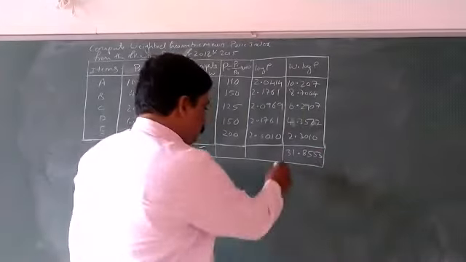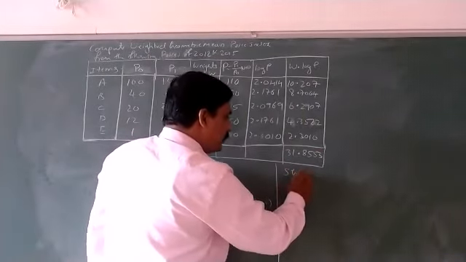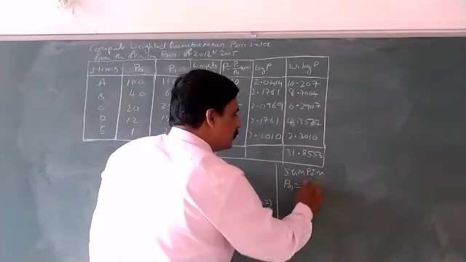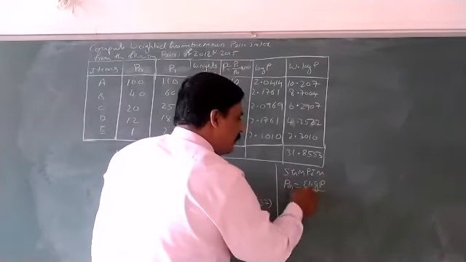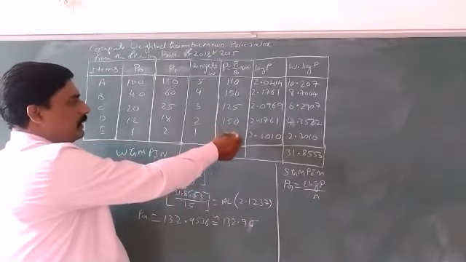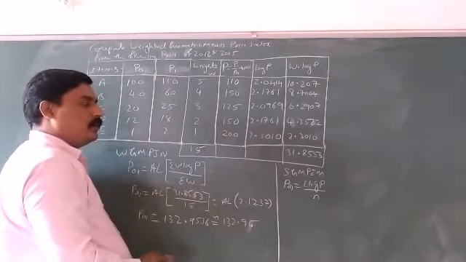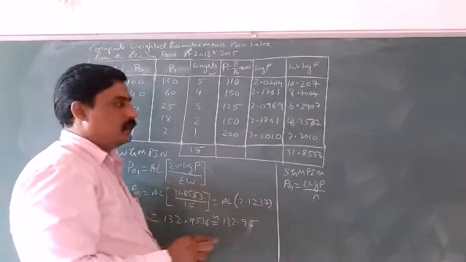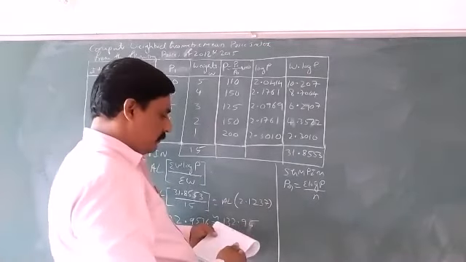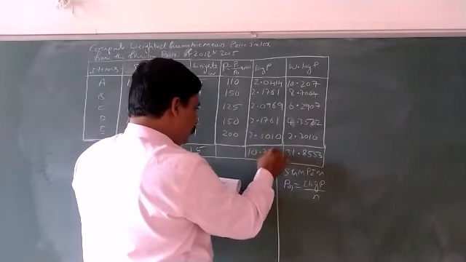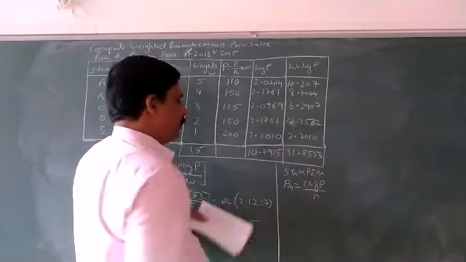Simple geometric mean price index number, that is nothing but P01 is equal to antilog of summation log P divided by N. Just find the log values for P and make the total of the log P column, divided by N. N is the number of items given here, that is 5. Log P here is 10.7915.